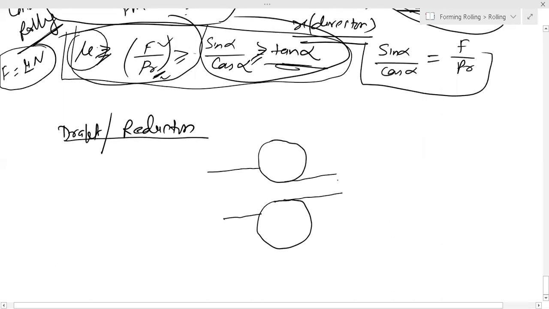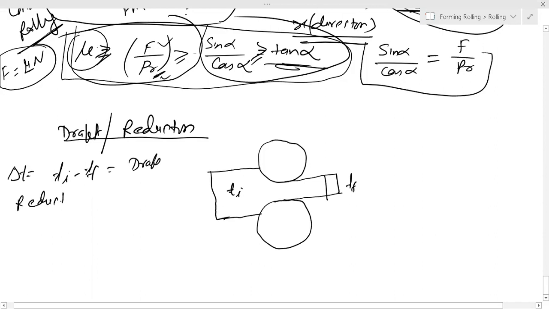Please write at the same time in your notebook. So this is your T initial or T original, and this is your T final. T initial minus T final is your draft. Suppose I take delta, that is reduction. That is your change in thickness.